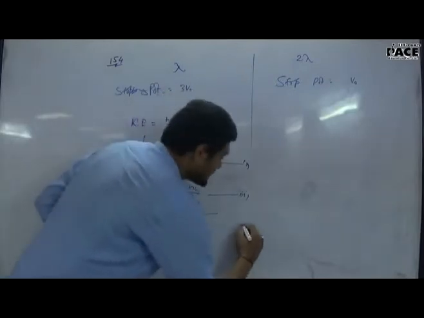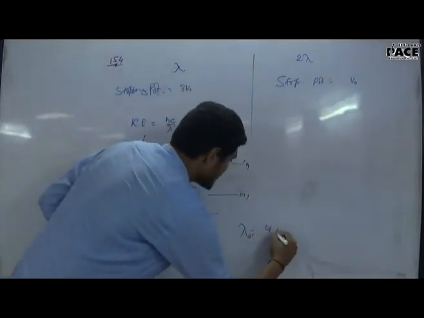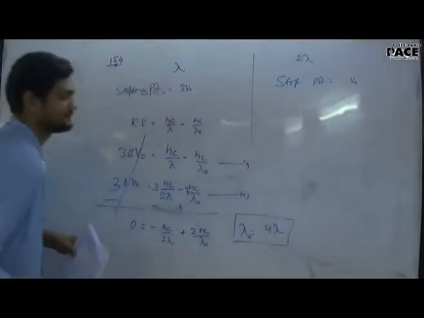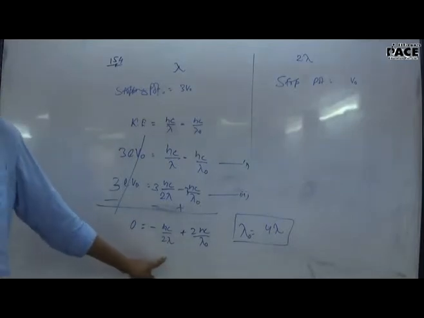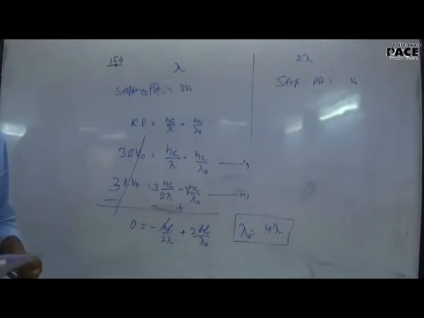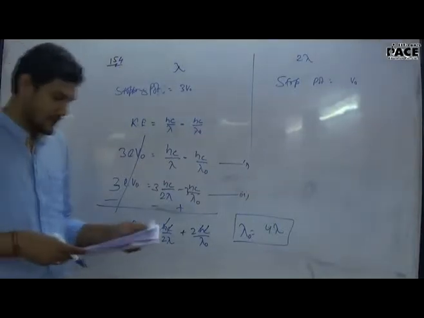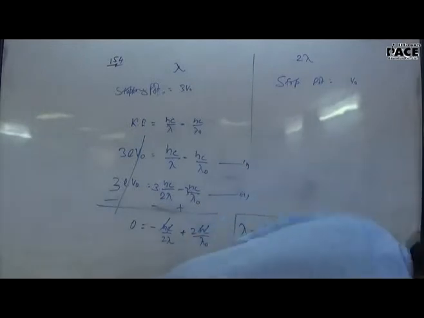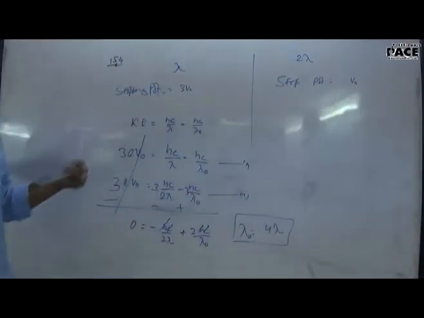Solving this, you get lambda naught equal to 4 lambda, since hc gets cancelled. So option A, option 1, is correct. This was question number 154.